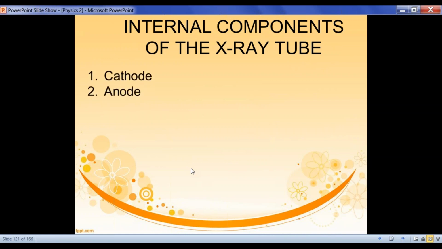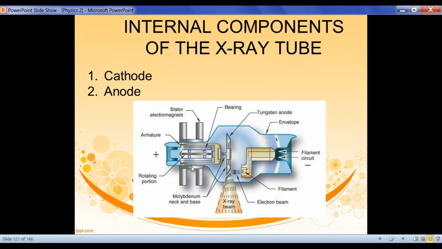So yan po silang dalawa, yung cathode at anode are the two internal components of our X-ray tube. Dito po sa ating X-ray tube, meron po tayong cathode, ito po siya yung cathode natin. So meron po siyang filament dito, and meron din po siyang focusing cap.